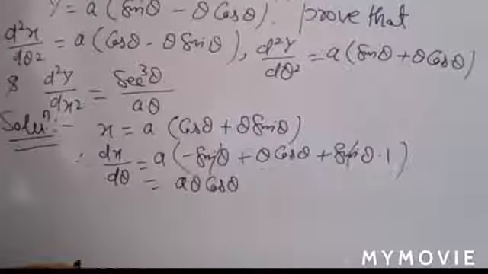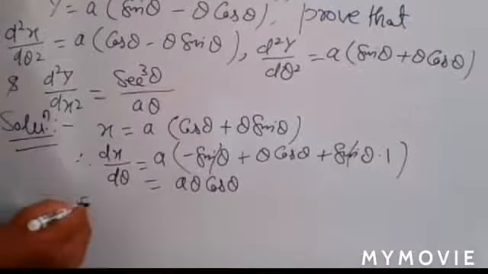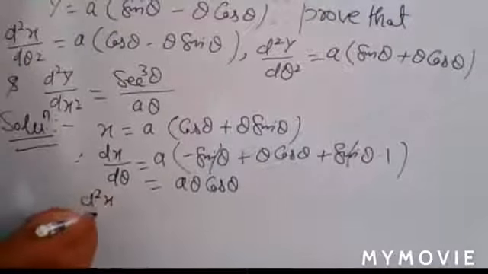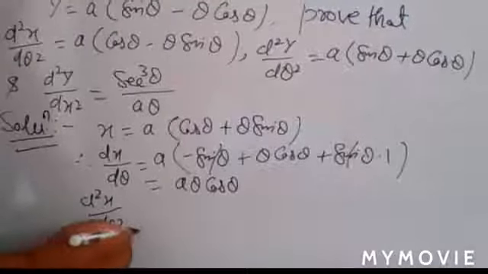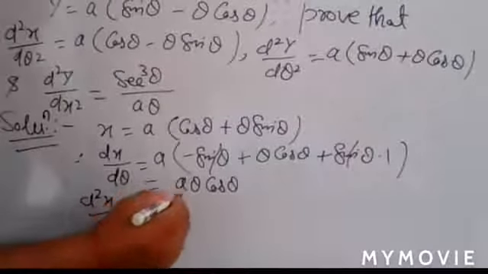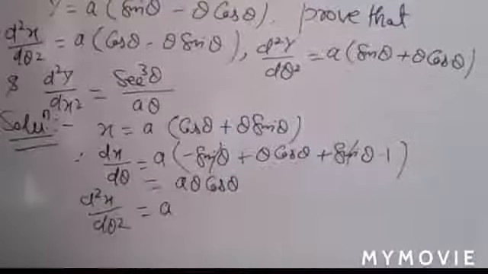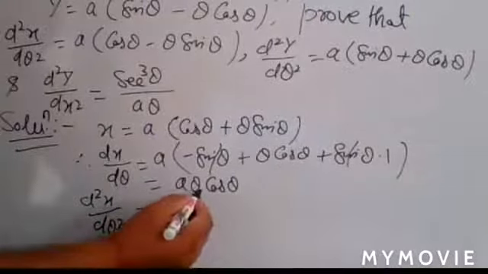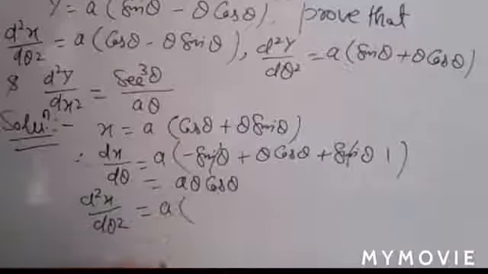Now find its second derivative, d2x upon d theta 2. For a, you write a as it is, and apply the product rule on theta cos theta.